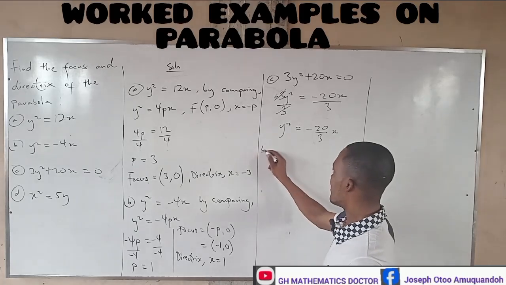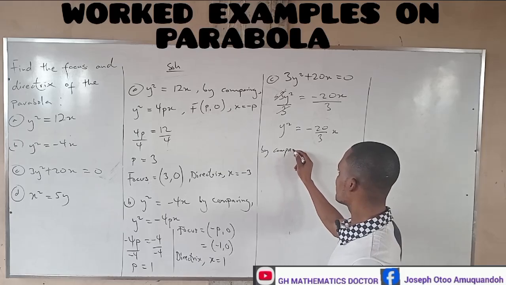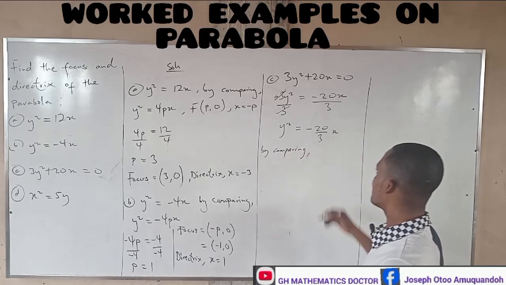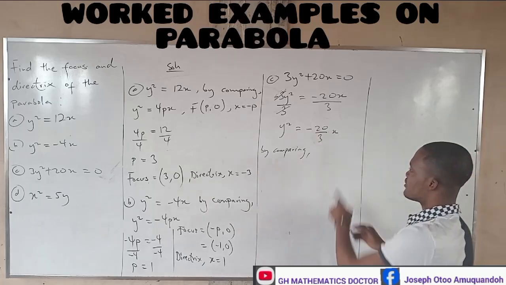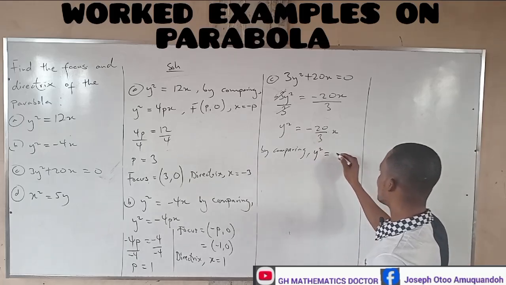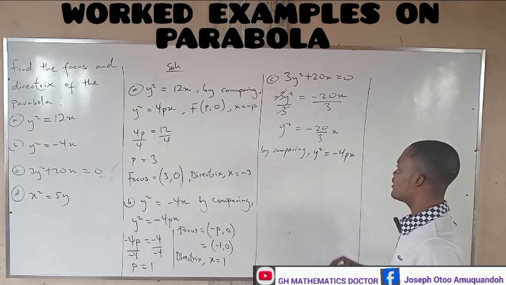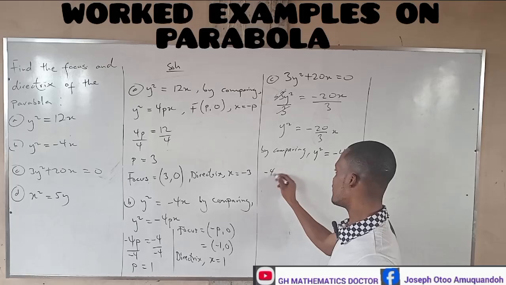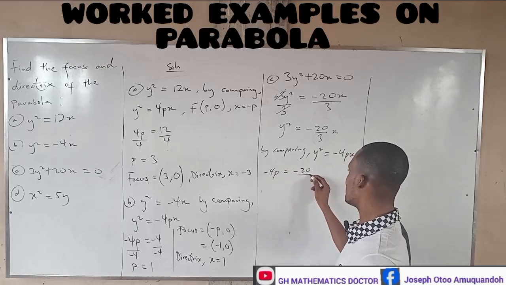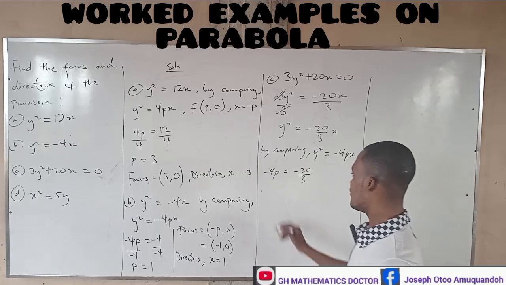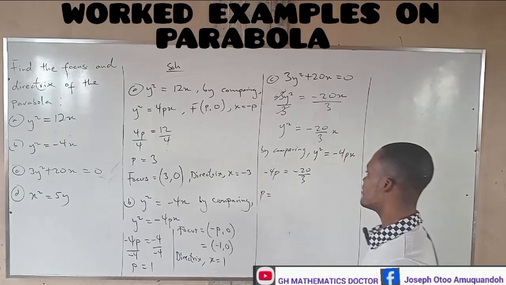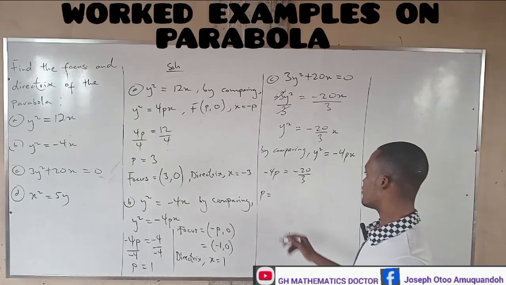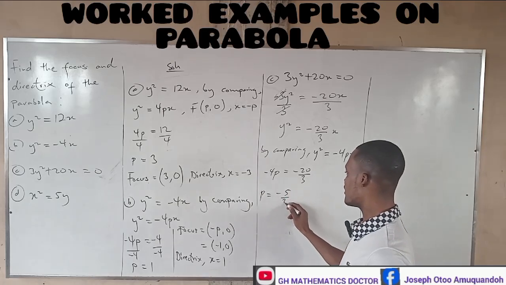So by comparing, this is open to the negative side of the x. So we have y squared is equal to negative 4px. And by comparing, we say that negative 4p is equal to negative 20 over 3. And when we divide both sides by negative 4, we are going to have p equal to 5 over 3.